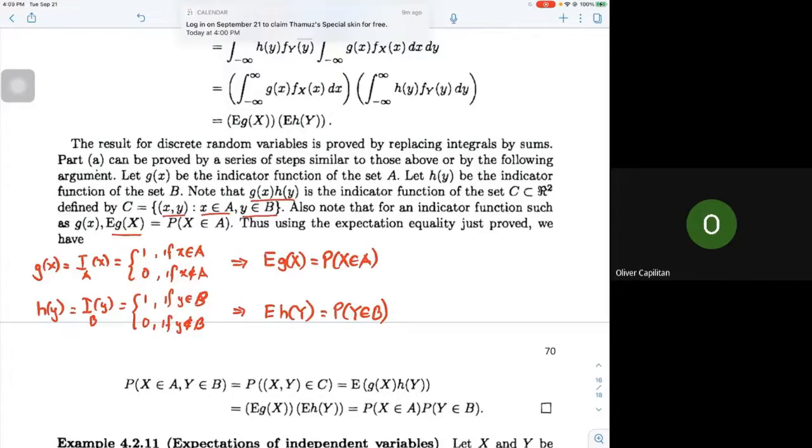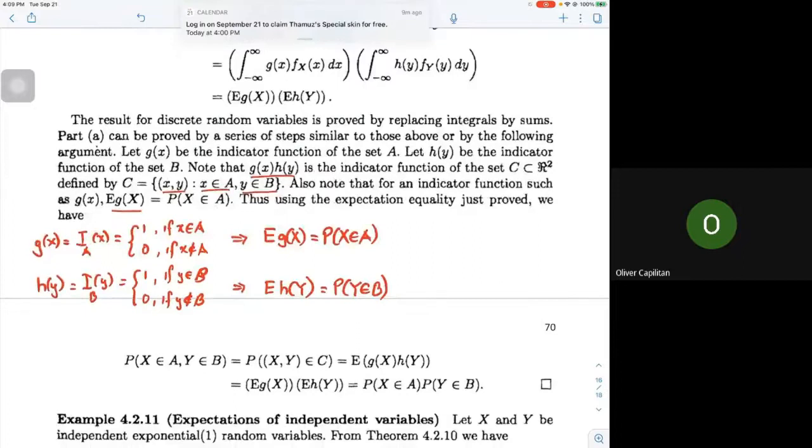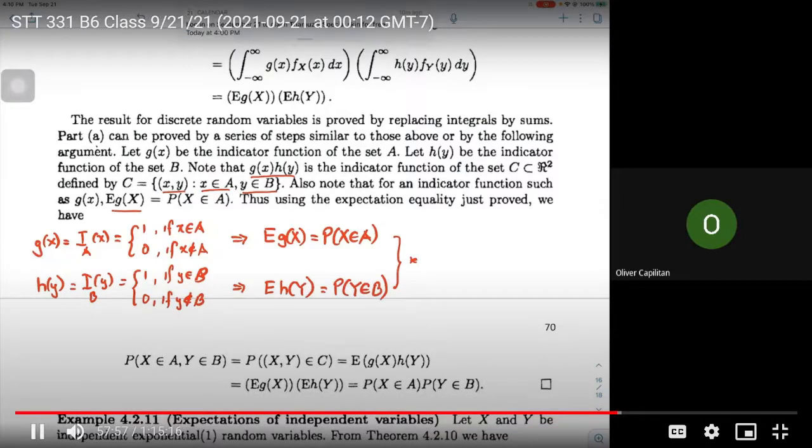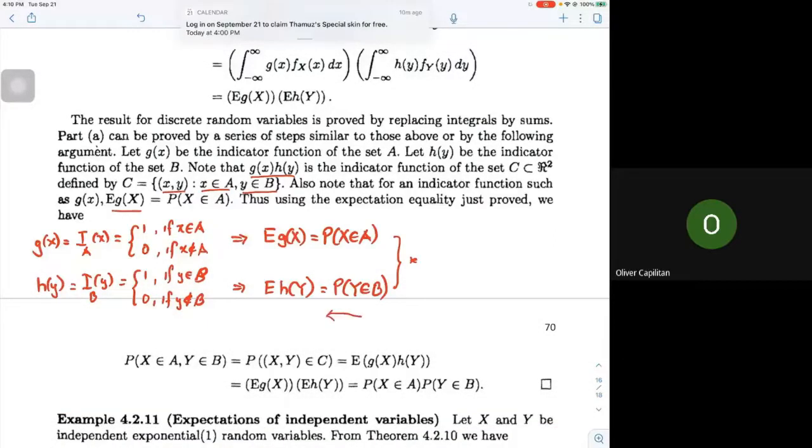And then by this note, the probability of xy being an element of C will be equal to, parang pabaliktad, that's how our steps go, will be equal to the expectation of the product g of x and h of y.